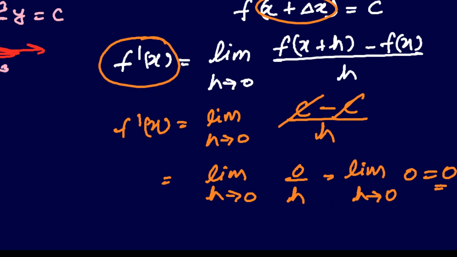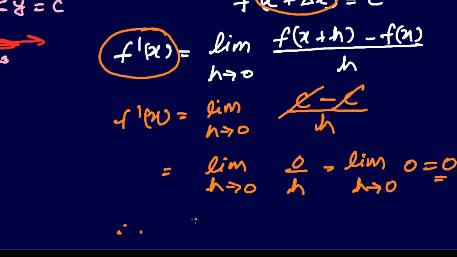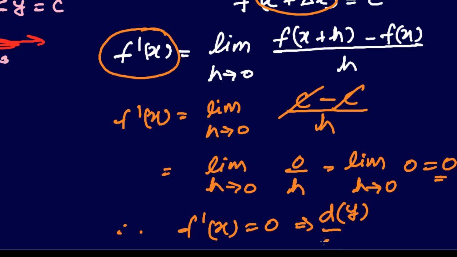So what I can say is that the derivative of the function f of x equals 0, or the derivative of a constant function, dy with respect to dx, is 0. What is y here? y equals a constant. That was our function.